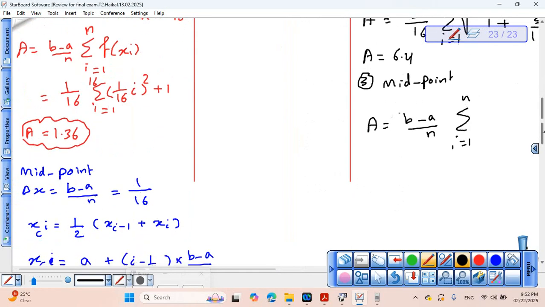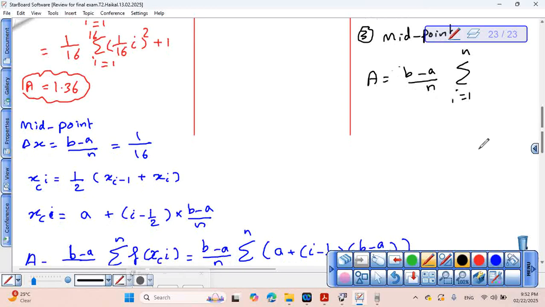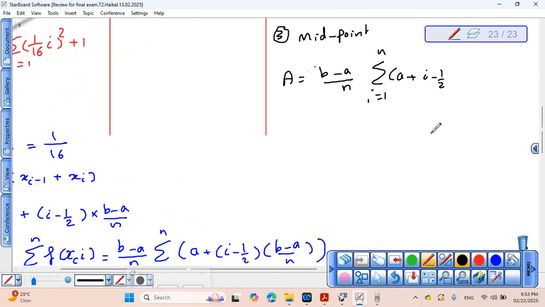This is a plus (i minus half) times (b minus a) over n, all these plus 2, under the square root. It's easy now.